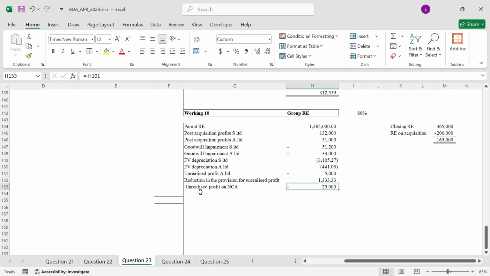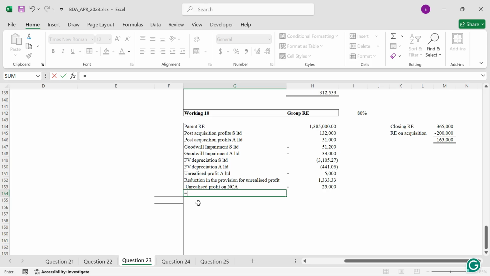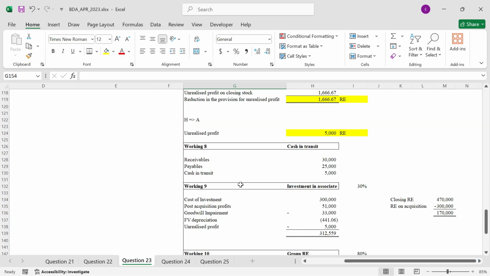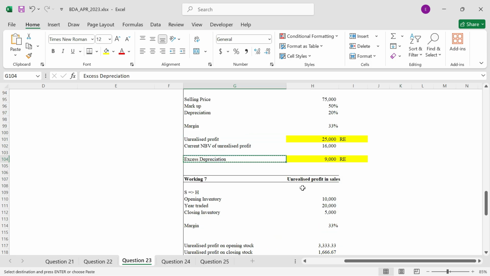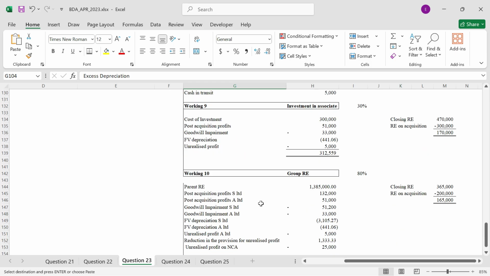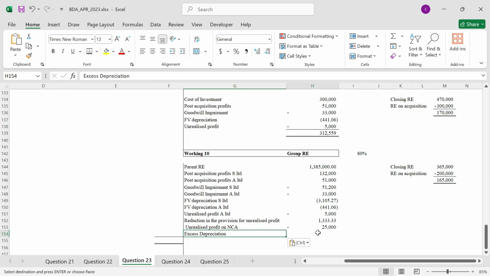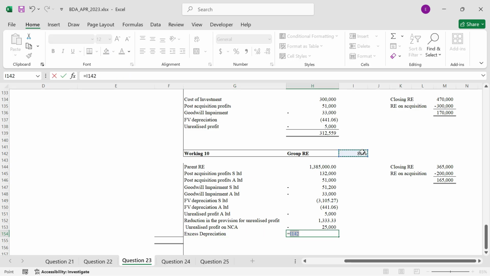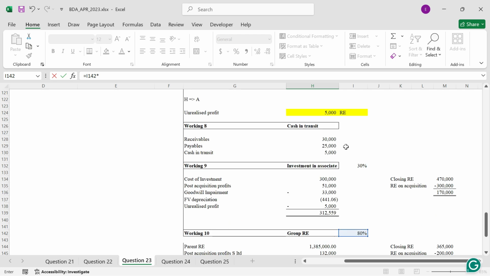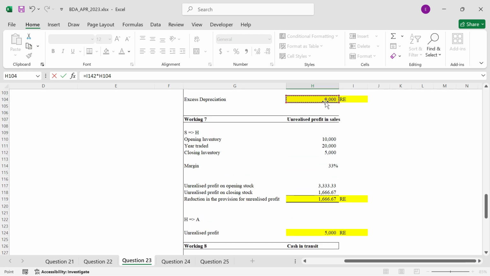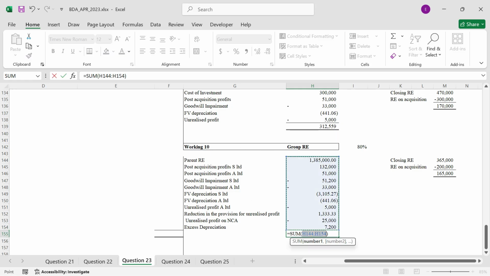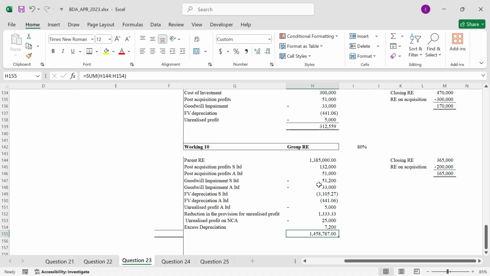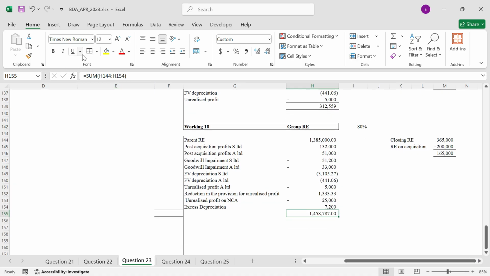But then that excess depreciation will also come in here. And here I'll have the parent share and the NCI share. Then that will be it. These are all the elements that affect my retained profits, adding up to 1458.77.